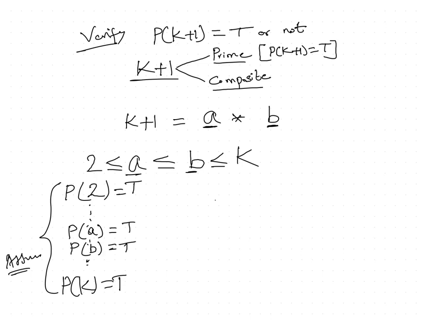If P of a is equal to true, what does it mean? Therefore a is a product of primes, and similarly b is also a product of primes, because P of b is also true.